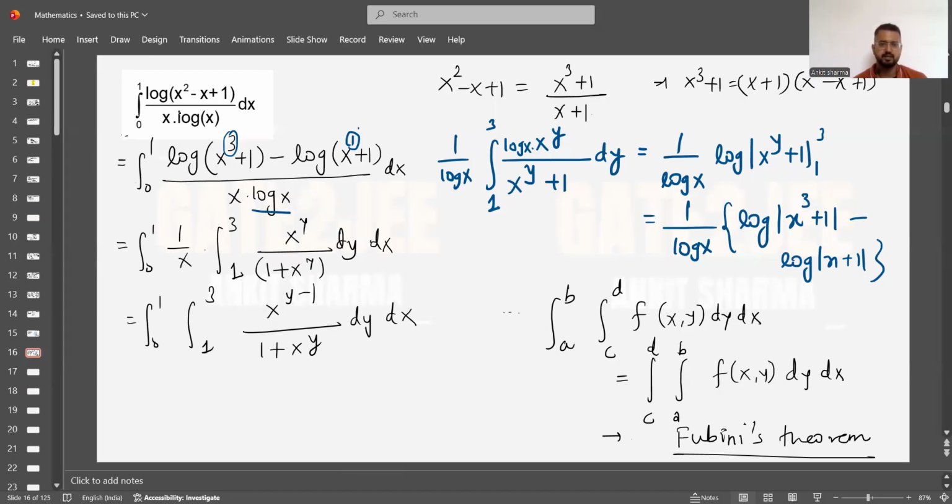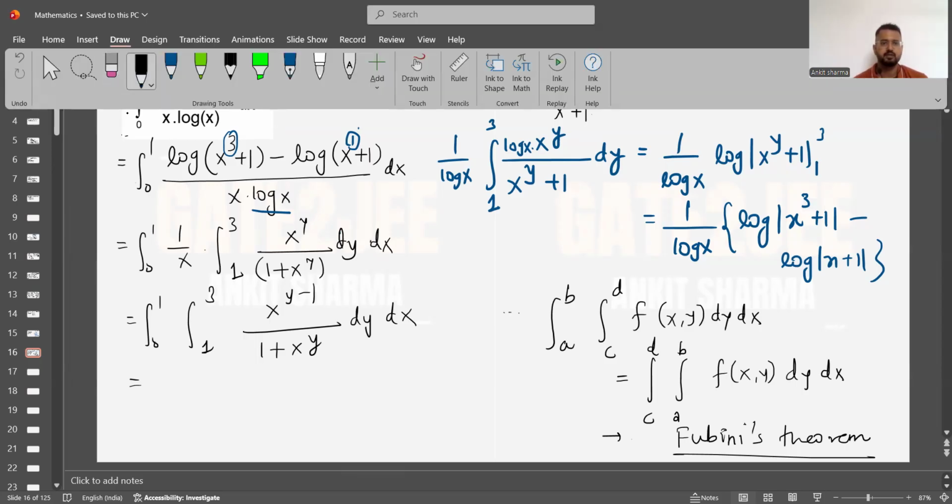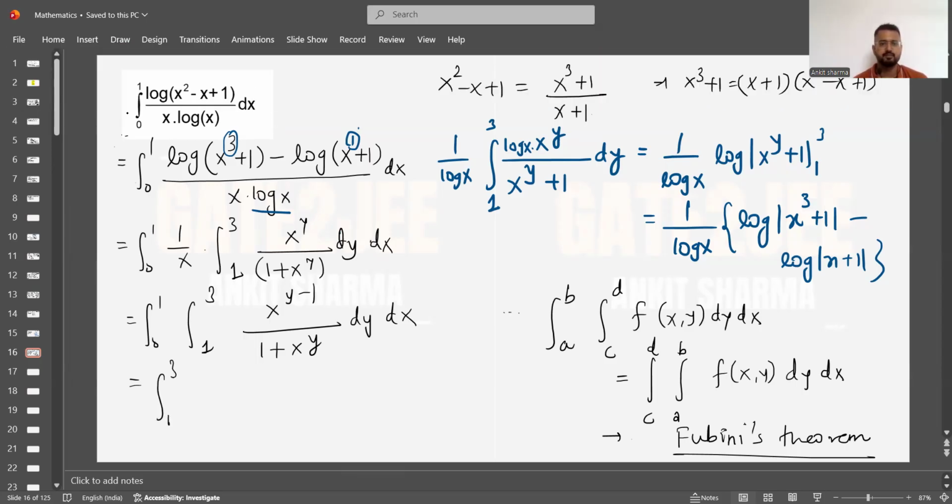Now for that case, I'll write 1 to 3 first, and then 0 to 1. I'll have x power y minus 1 over 1 plus x power y, and I'll first integrate with x and then with y.